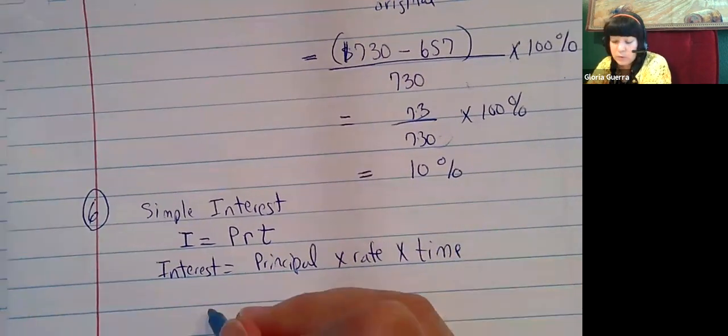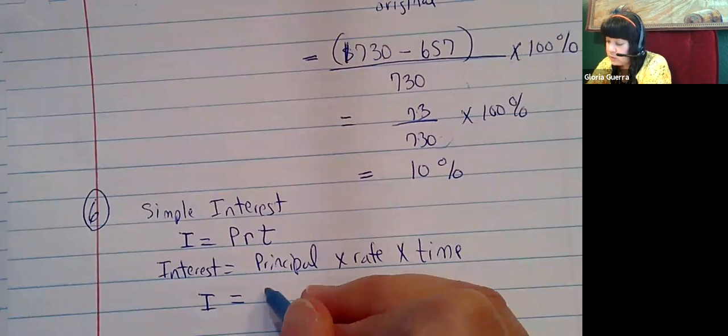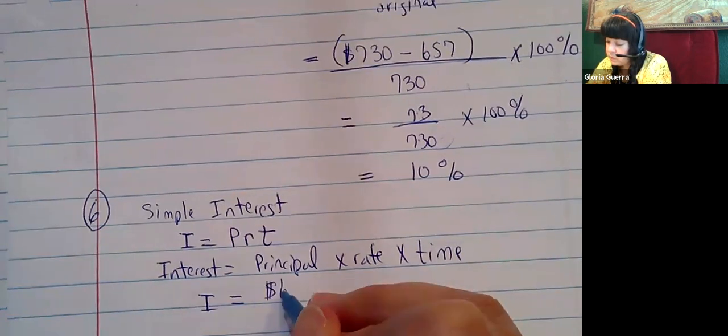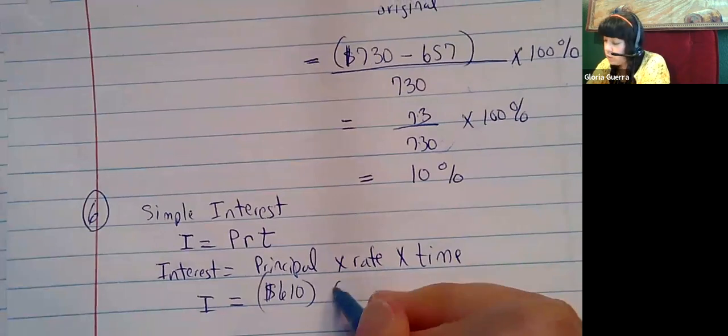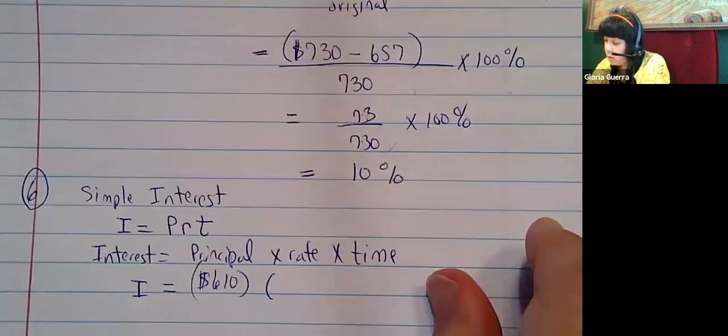So I is equal to, the principal was $610. And then the rate, remember we said about the rate, was 3%.